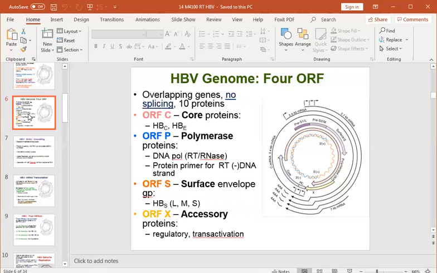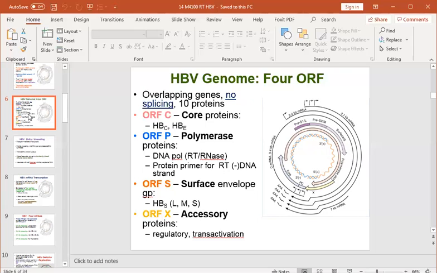The open reading frames are ORF-C, which codes for core proteins I mentioned a couple slides ago. These include hepatitis B core and hepatitis B e proteins.